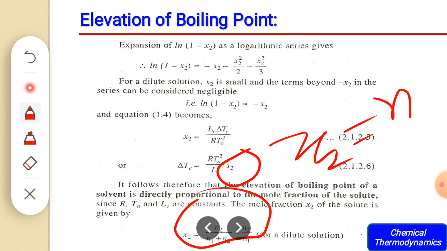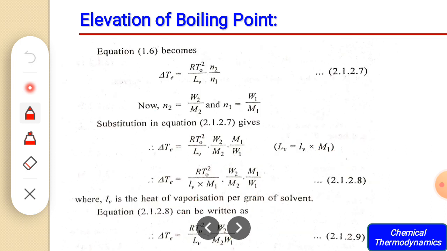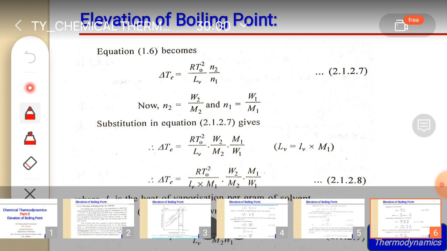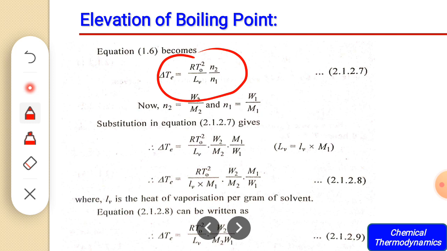That's why x2 is equal to n2 upon n1. If we put this in the equation, we get delta T is equal to RT0 square into M1 divided by Lv into n2 upon n1.